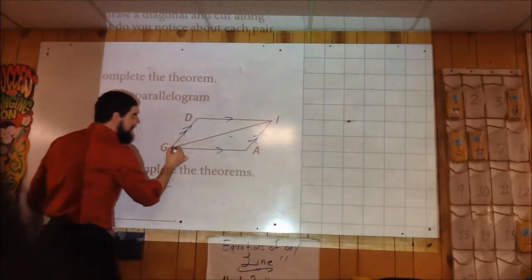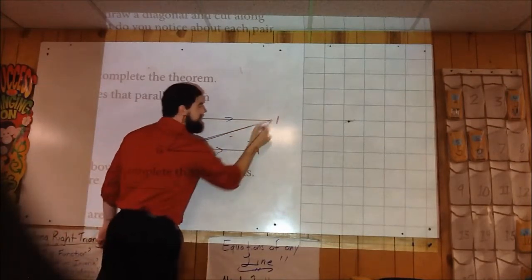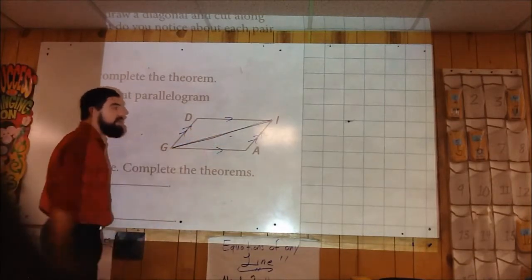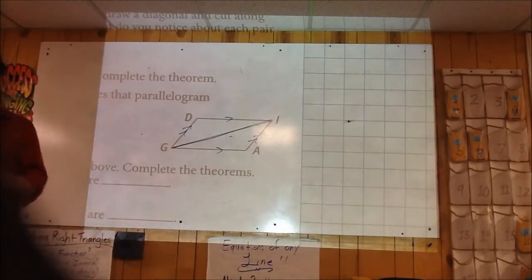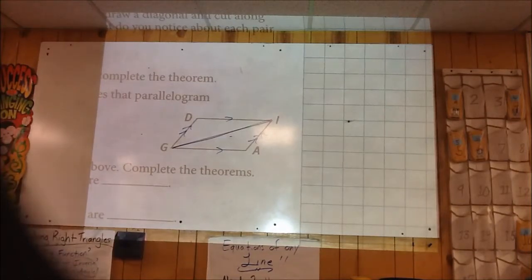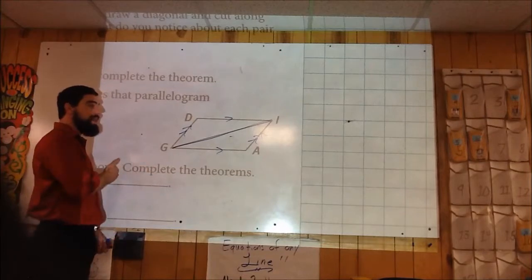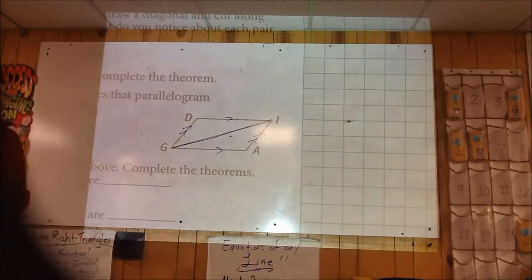And then we added in this diagonal, and we wanted to see what was happening with these 2 triangles that were created. And it doesn't matter what your parallelogram looked like, as long as it truly was a parallelogram. Every single time you added in one of the diagonals, the 2 triangles created should always be congruent. Always.